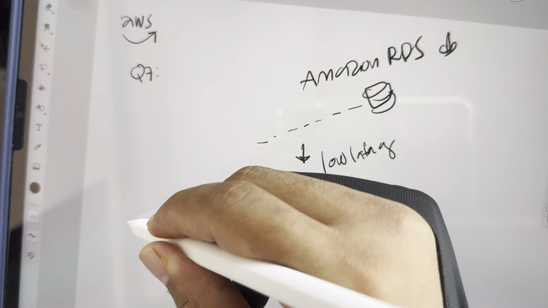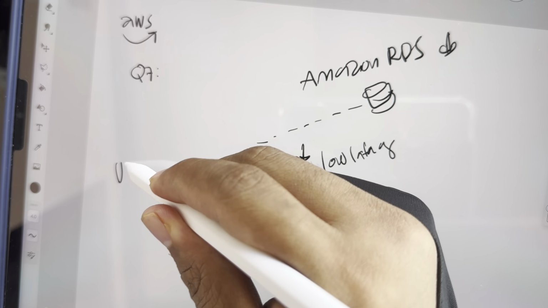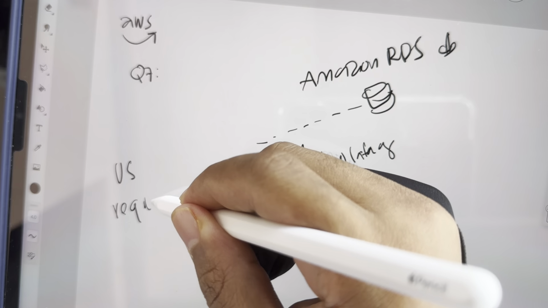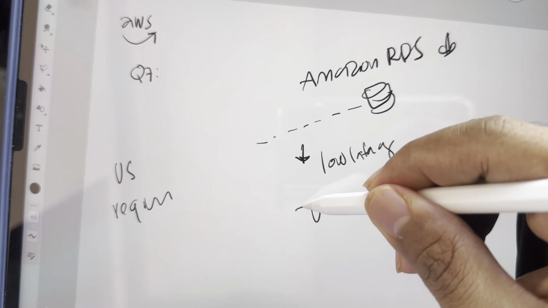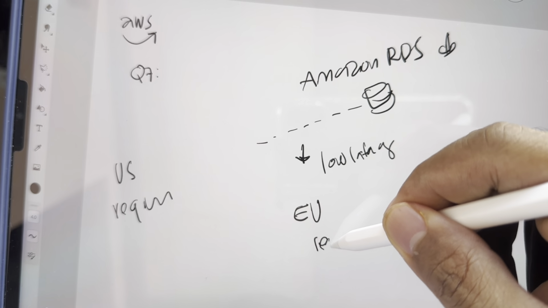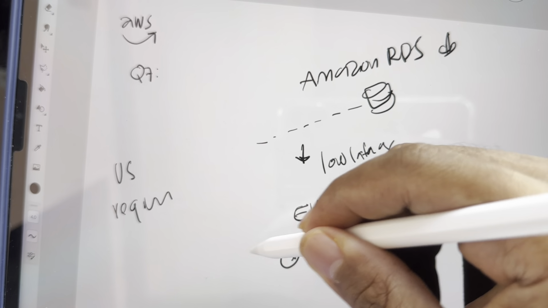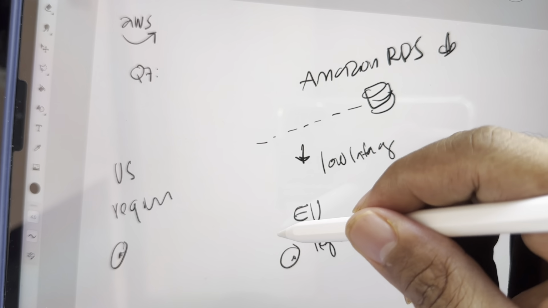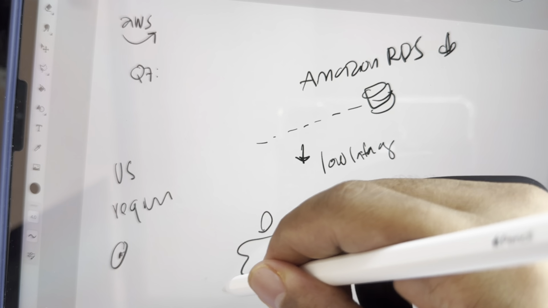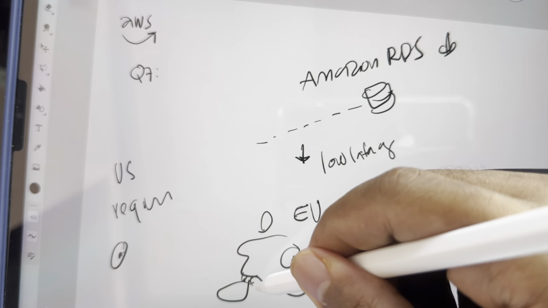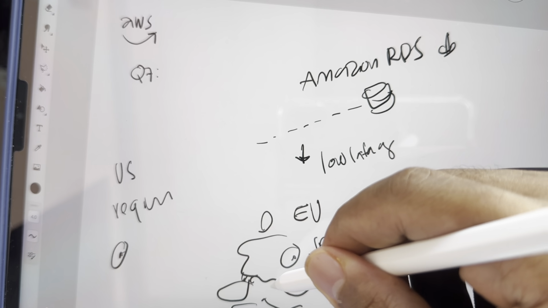So region 1, so maybe US region, and this is the EU region. UK, Europe, France, Spain, Mediterranean, Italy, yeah.